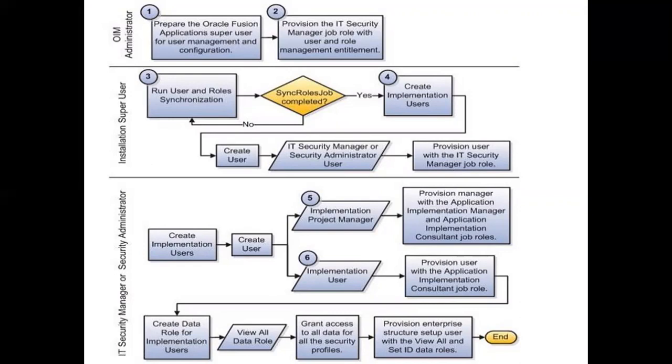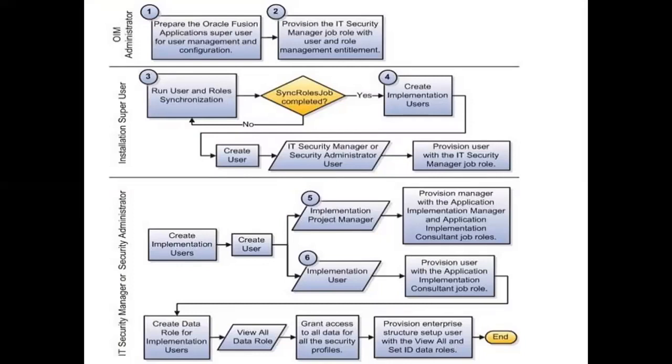In order to create an implementation user, the following activities need to be performed, which is prepare the super user. See here, you can have a look. Where's my cursor? Yeah, here you can read this. Prepare the super user for user management and control. Then prepare IT security manager role for user and role management.